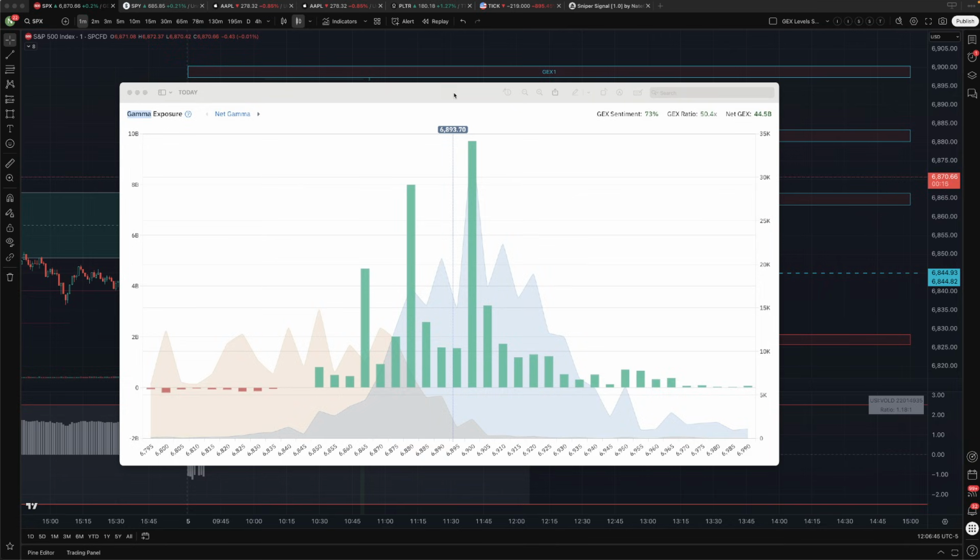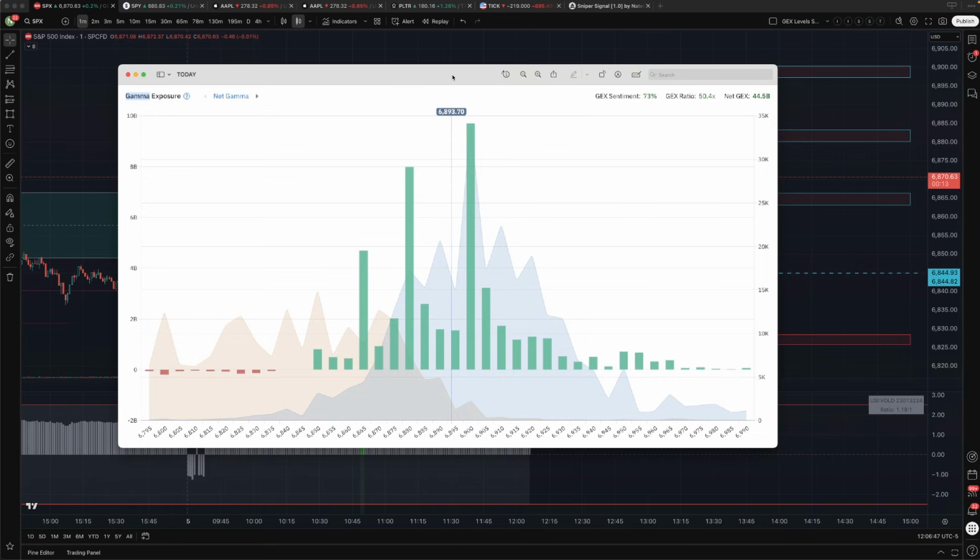Okay, so this was today's gamma exposure chart, slightly after open. So this is probably 10:15 or so, right? And you can see this largest gamma exposure level here.